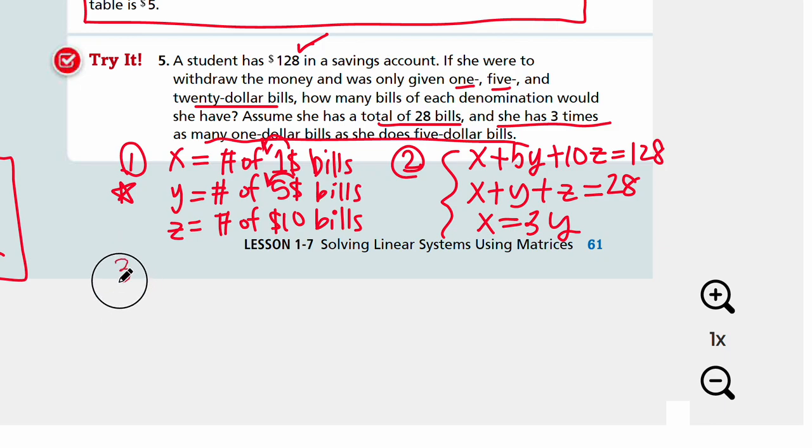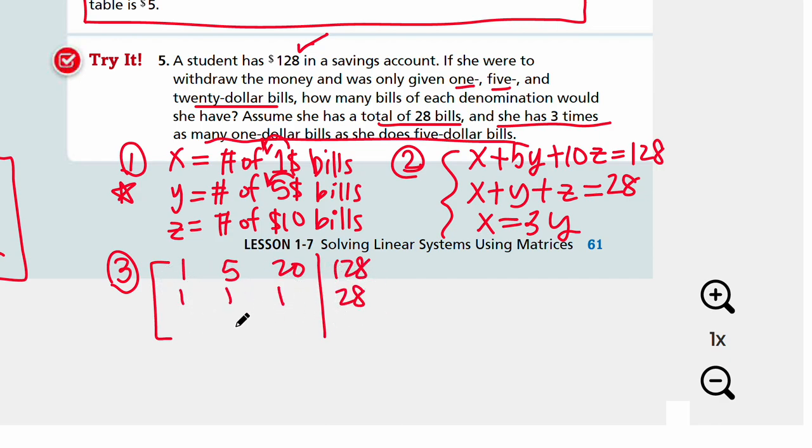So step 3, augmented matrix would be 1, 1, 1, 28. Oh wait, I switched the row. I'm going to write 1, 5, 20, 128, and then 1, 1, 1, 28, and then 1, negative 3, 0, 0.